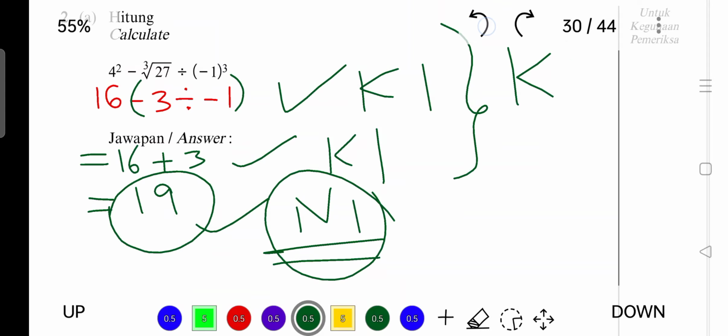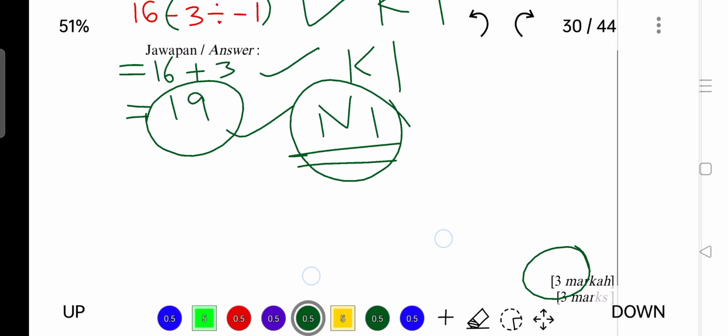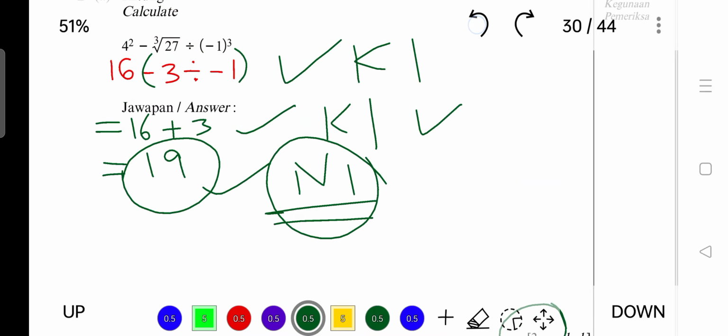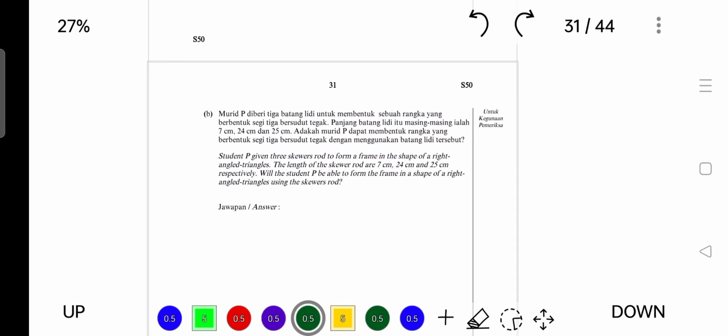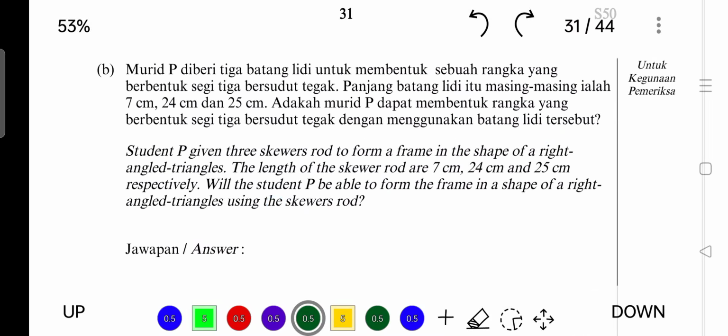So bear that in mind, people. You can use your calculator, but make sure you have small steps like this. Then you easily get 3 marks there. Let's move to question B.